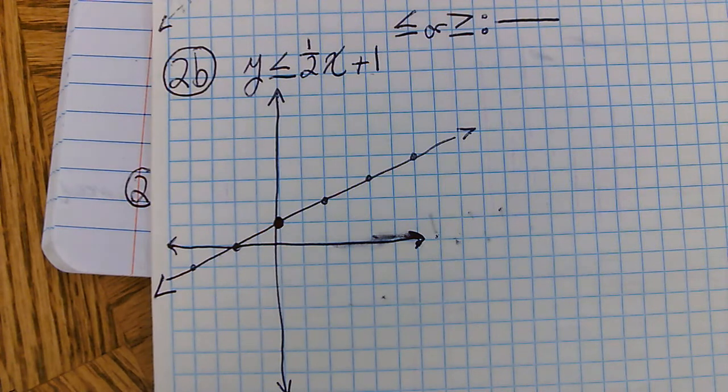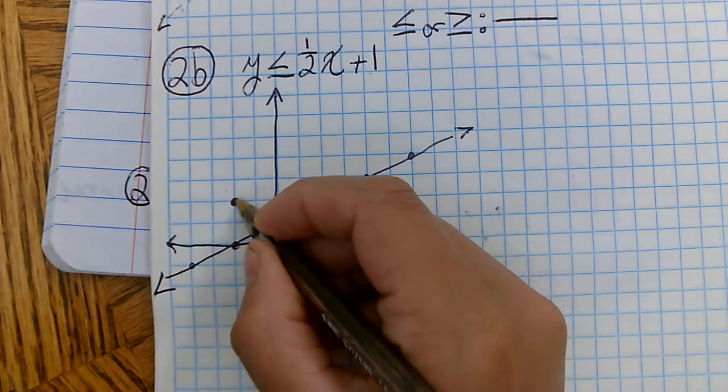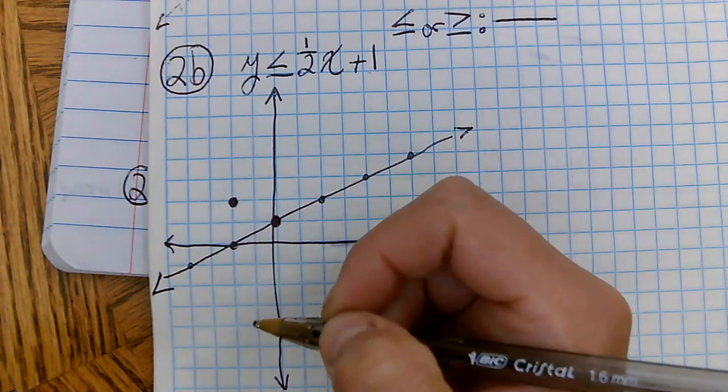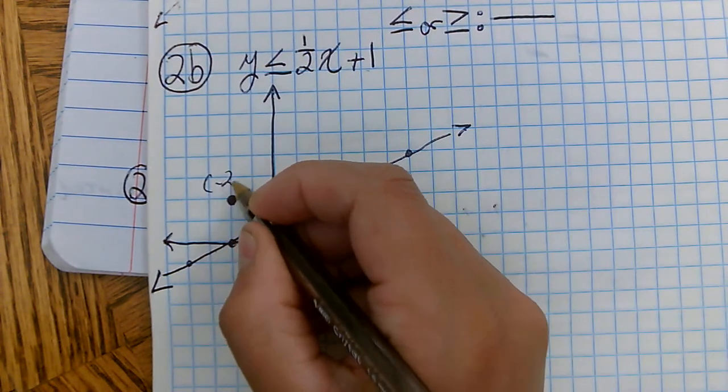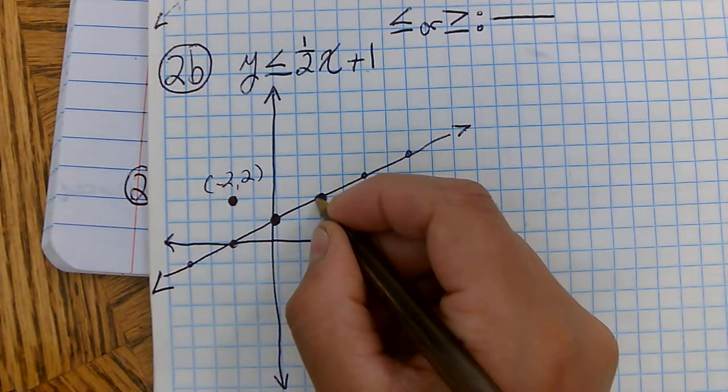So I'm going to pick 3 points: a point above, a point on, and a point below. Let's do, I'll pick this one. That is -2, 2. I'm going to pick a point on the line.